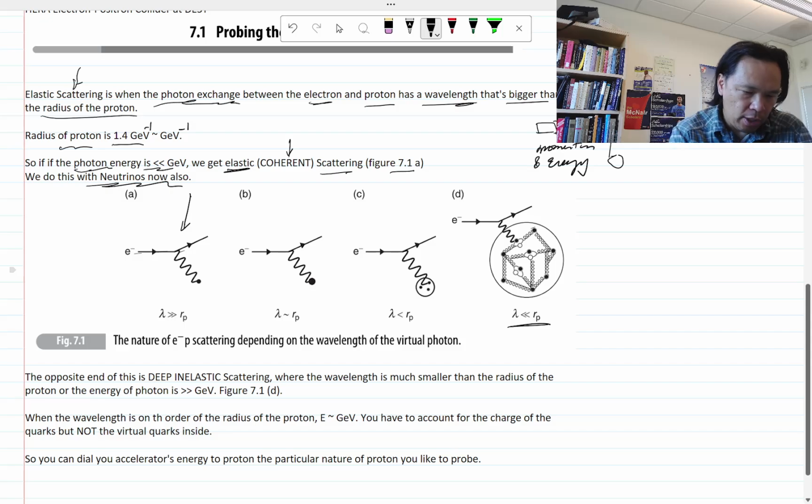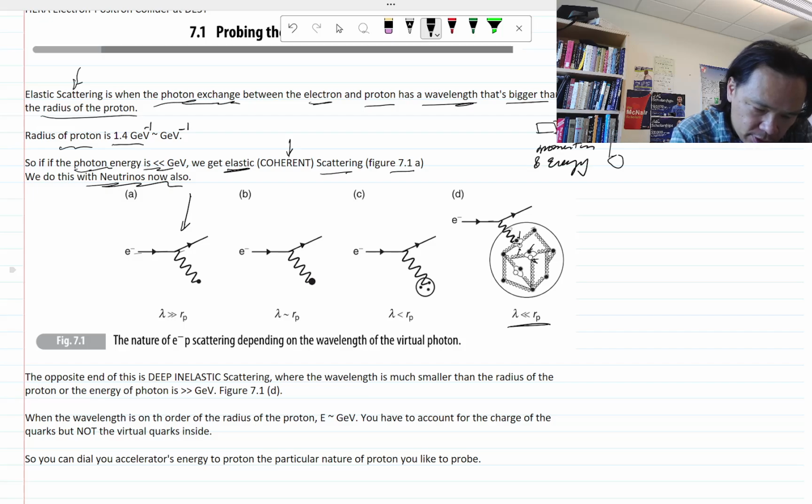Okay. In the rightmost diagram, you have an electron coming in, and the photon is high enough energy that it can actually interact with the individual little pieces of quarks inside the proton. Okay. So inside the proton, there should be 3 real quarks, right? Let's say this one, and this one's the down, or something like that.